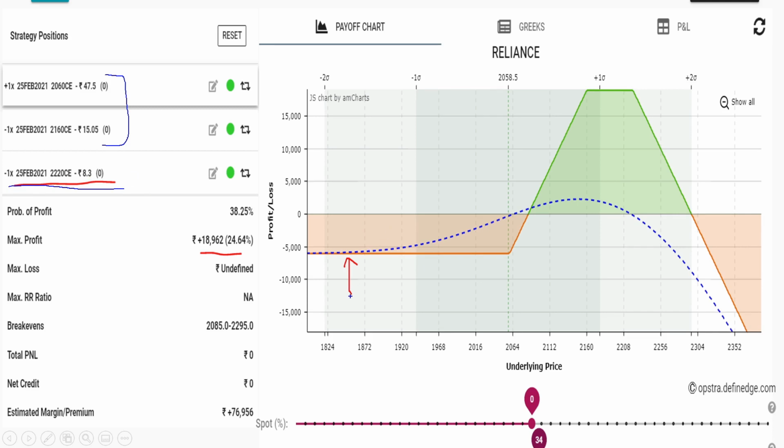By doing this, we have moved up our max loss level, which was around here, to say 6,000 rupees, and our max profit, which was at 17,000 rupees, also moved to 19,000 rupees. You can see here, and our margin increased to 76,000 rupees. Our break even level is now on lower side 2085 and upside 2295.